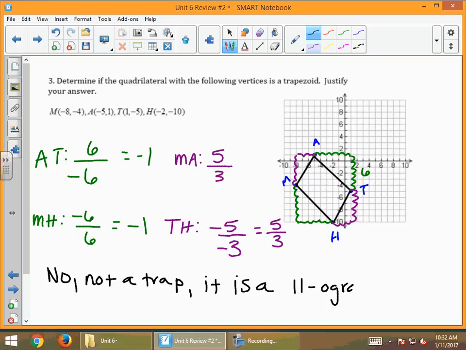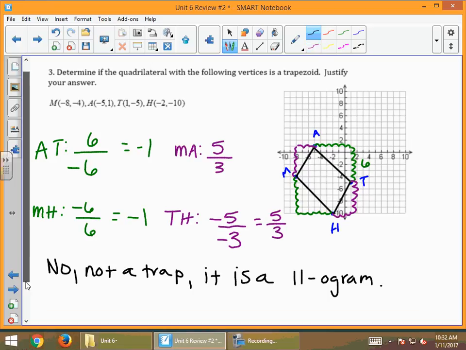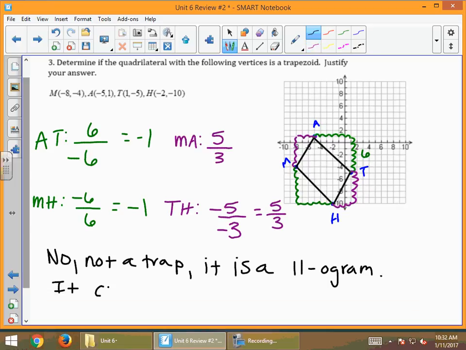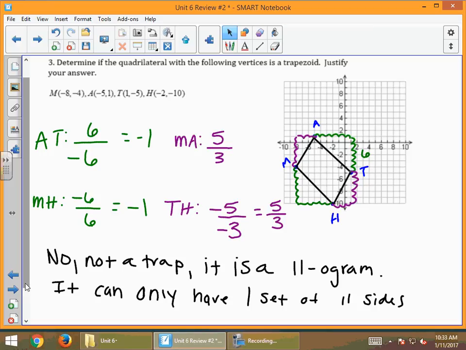You want to make a note to help you study? It can only have one set of parallel sides. It has two sets of parallel sides and parallelogram. Not a trapezoid.